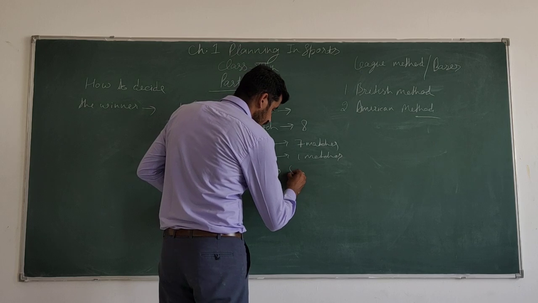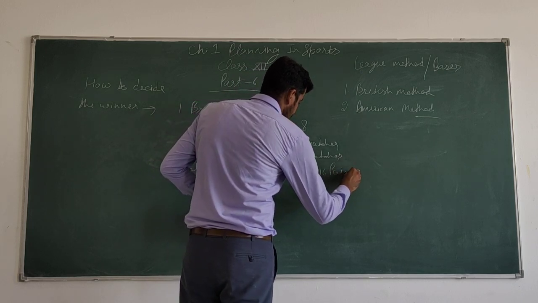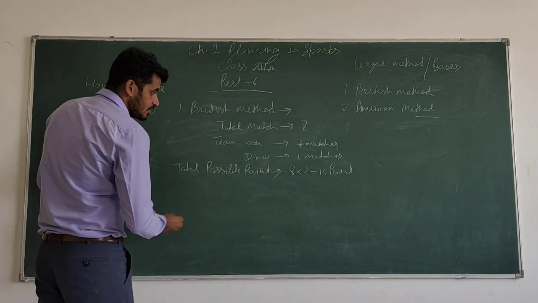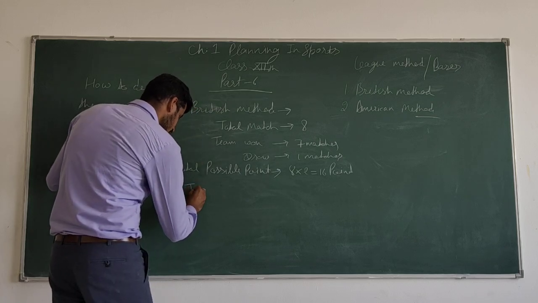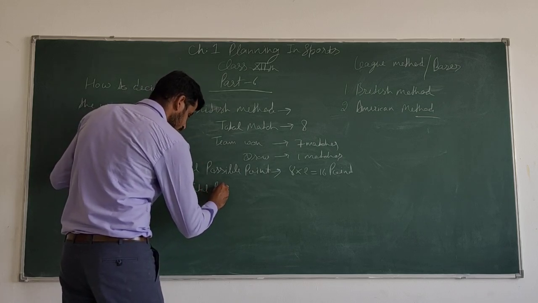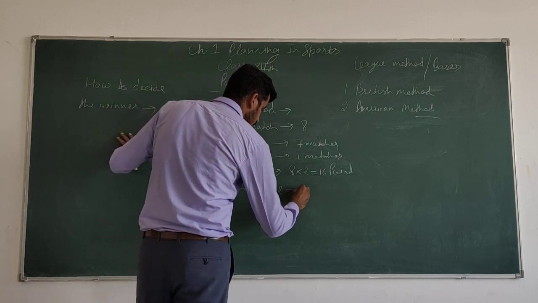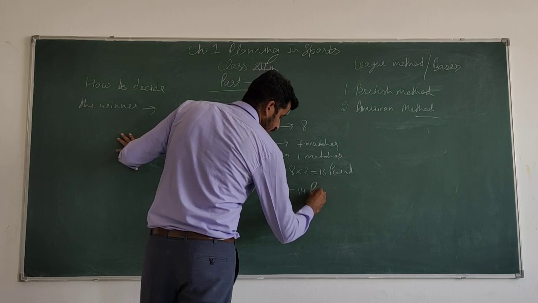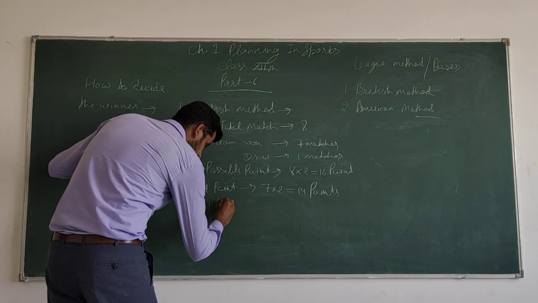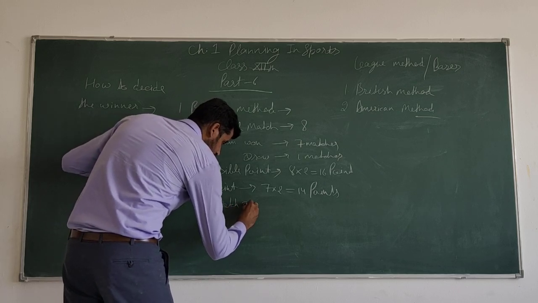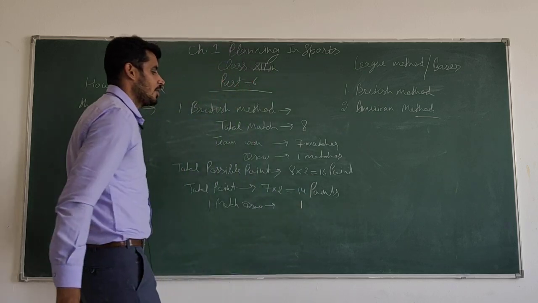So out of 8, it means 16 points. The team won 7 matches, so total points 7 multiplied by 2, 14 points. 1 match draw, it means 1 point.